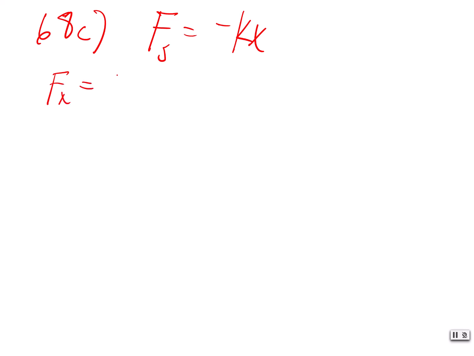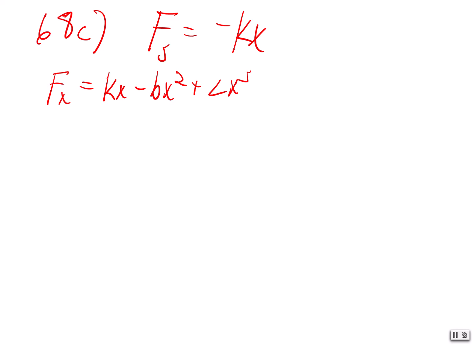F of x is equal to... I can't even remember the crazy function. I'm about tired. I've worked so many problems today. Start over. My apologies. Kx minus bx squared plus cx cubed. There we go.